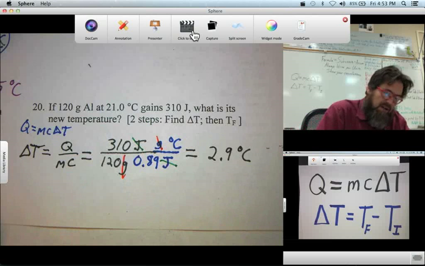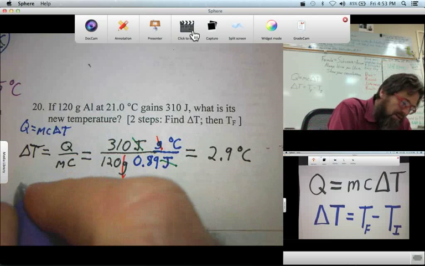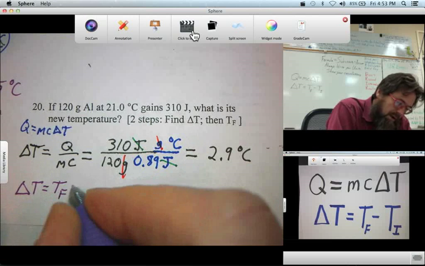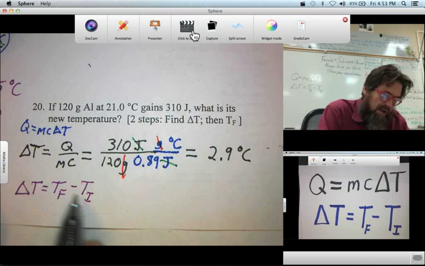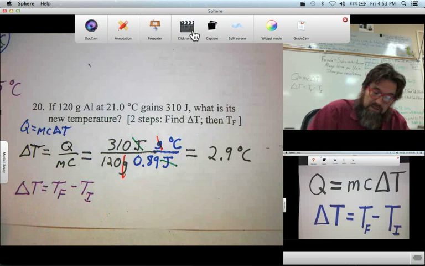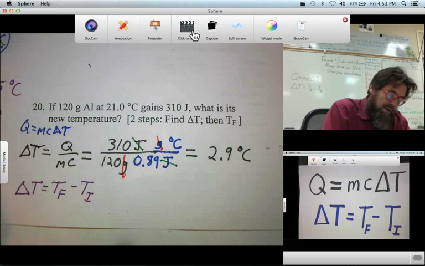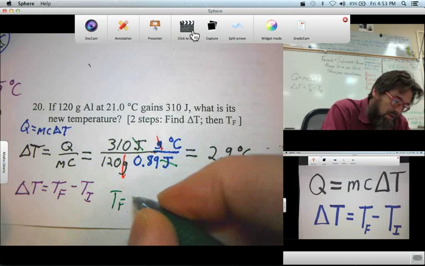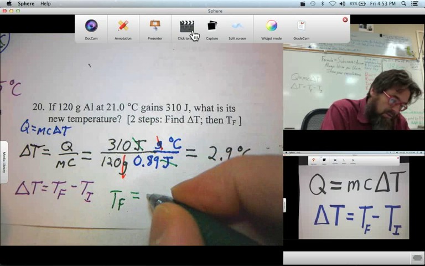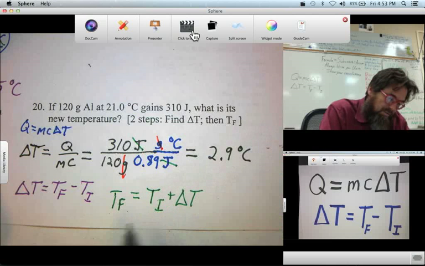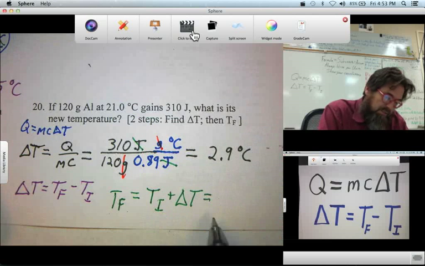We need our delta T equation. Let's start a new color. I love the colors. Delta T equals T final minus T initial. That's the equation we memorize. Solve for T final. We add T initial to both sides, and we get this equation. Let's make it a lovely green. T final equals T initial plus delta T. Formula equals substitute. What's T initial?